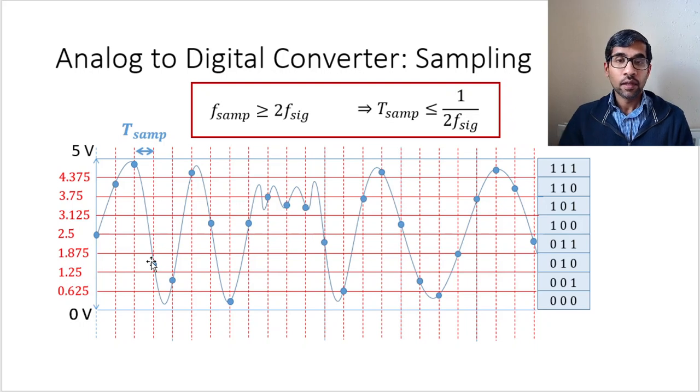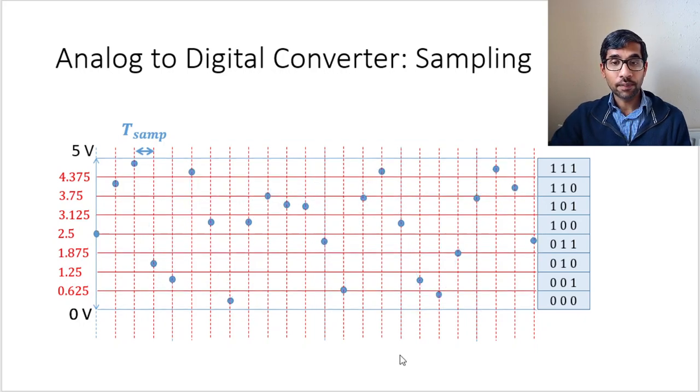So the first step that we want to do when we are converting from analog to digital is sampling, and we sample to prevent any errors or loss of data. We sample according to the Nyquist criterion, which states that the sampling frequency should be greater than or equal to twice the signal frequency. And if we do that, we end up with a sampled signal which looks like this.